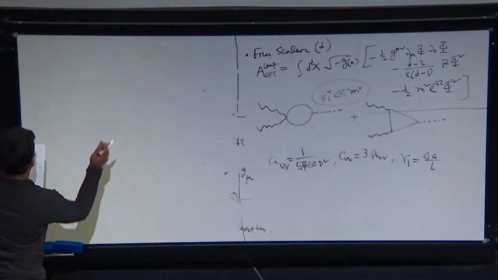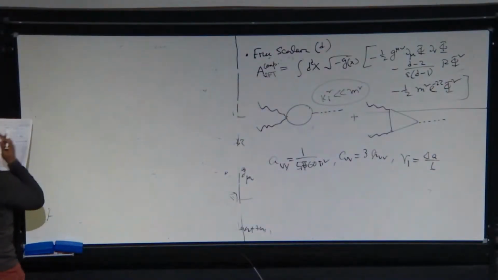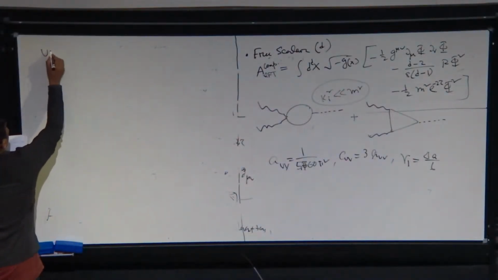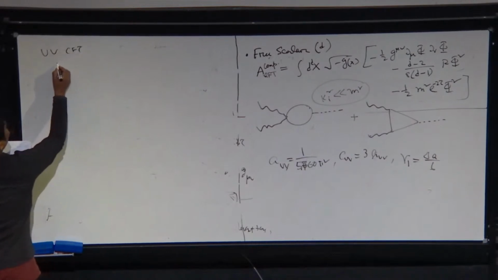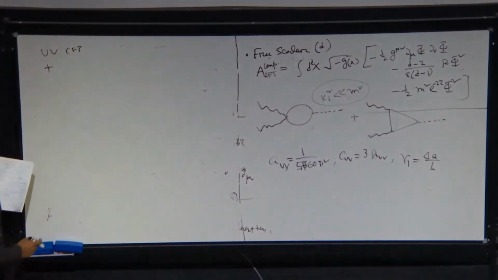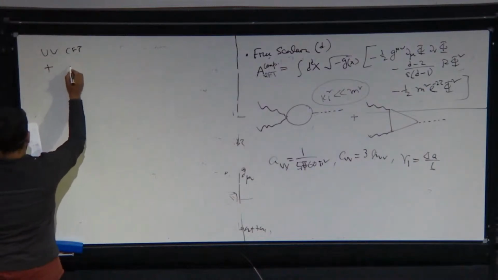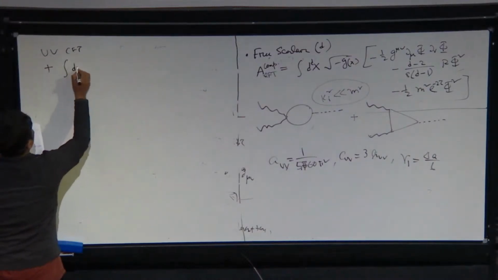I think I have to go a bit fast now. What we do is we have some UV CFT, and we deform it by some weakly relevant deformation at some scale m0.